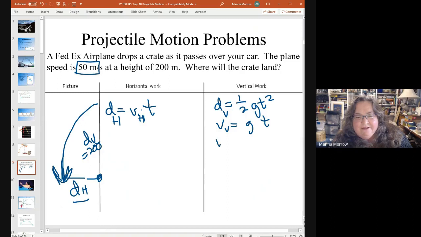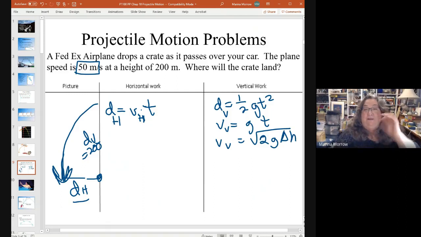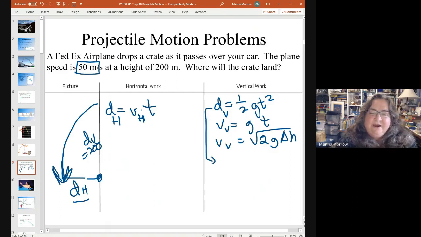And then we could use that third one, velocity in the vertical direction is the square root of 2 g delta h. Okay, all three of those are good for falling objects. So they're good for this vertical displacement. Okay, but let's use the first one because we already know the distance in the vertical direction that it falls. So we know that it is 200 meters.